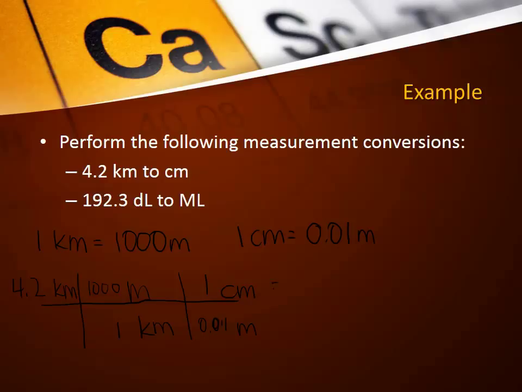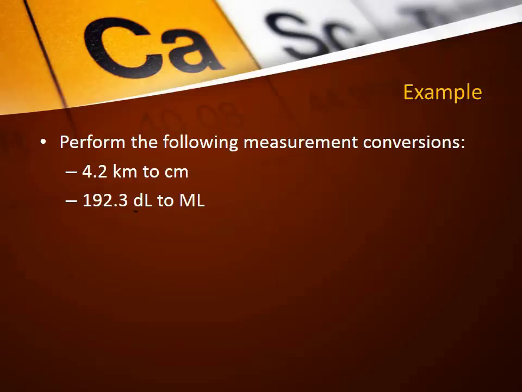When I multiply the top, I get 4,200. The bottom, I get 0.01. And that, when I divide those, gets me 420,000. My unit is centimeter. So the same thing as the train track method, you're just using different numbers. So same exact process.